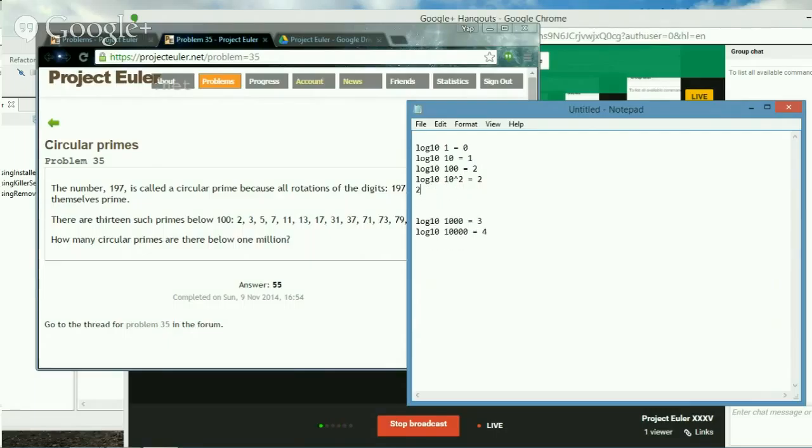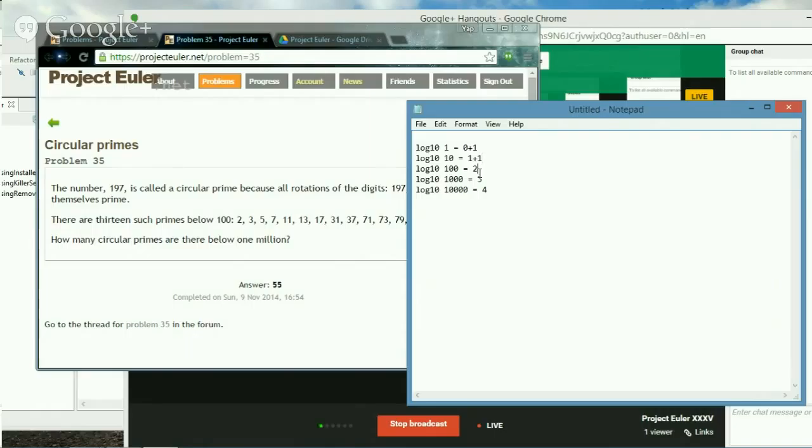Now you can see from here, 10 is 2 digits, 100 is 3 digits, 1000 is 4 digits. So in order to get the number of digits in the number, we can just add 1 to the result of log 10 of that number.